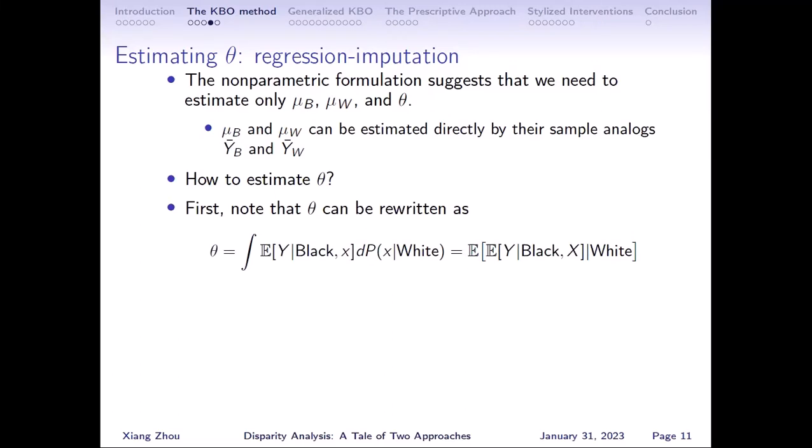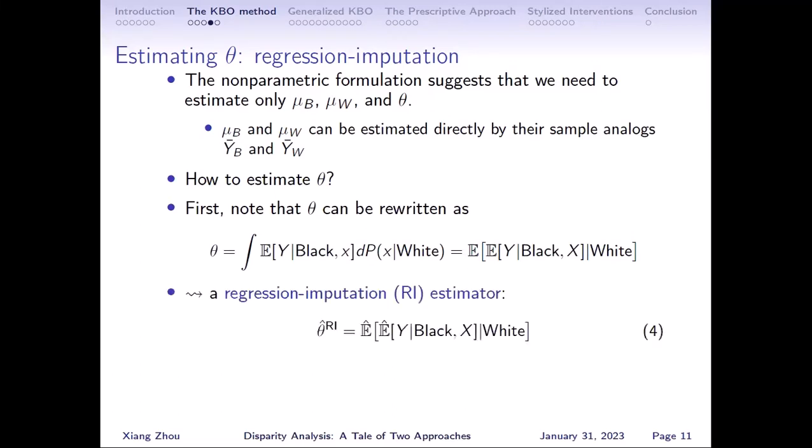And this iterated expectation suggests that we can use a regression imputation estimate, where we fit the outcome model given race and family income. Then we obtain predicted values by setting everyone's race to be Black, right? And then we average those predicted values only among white students.